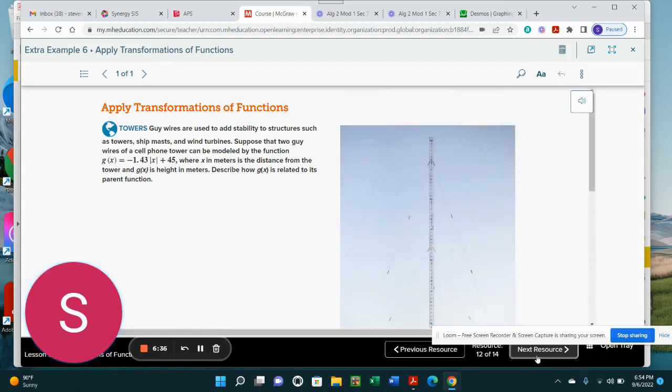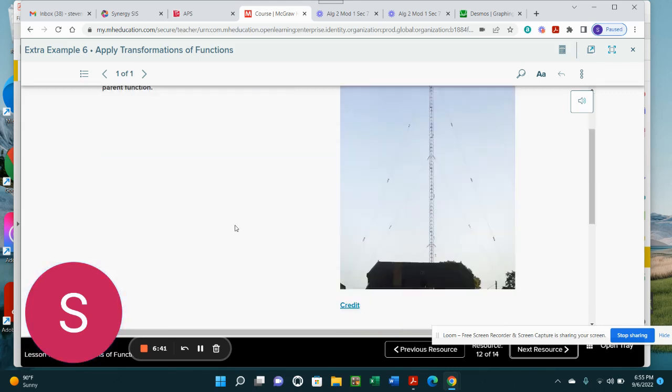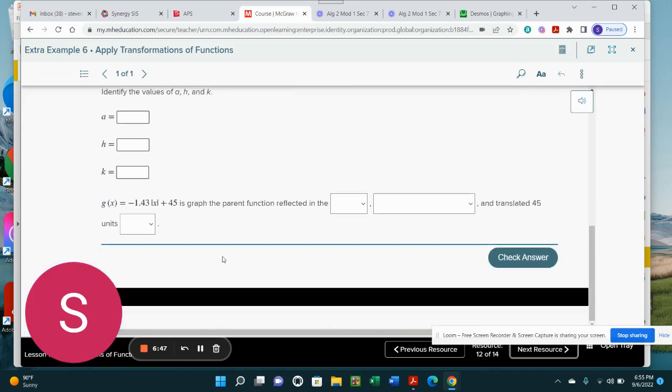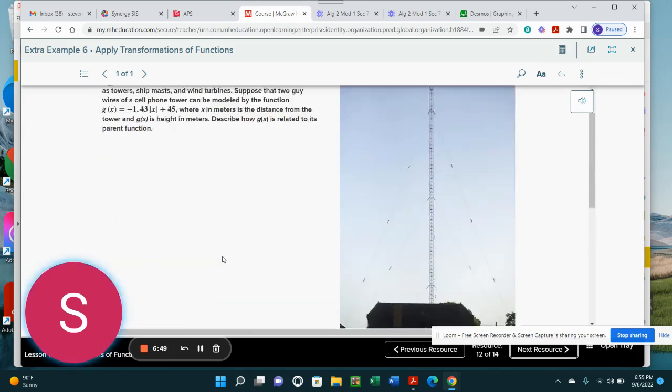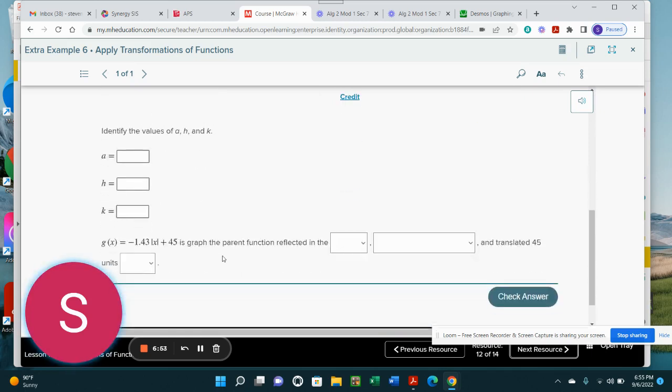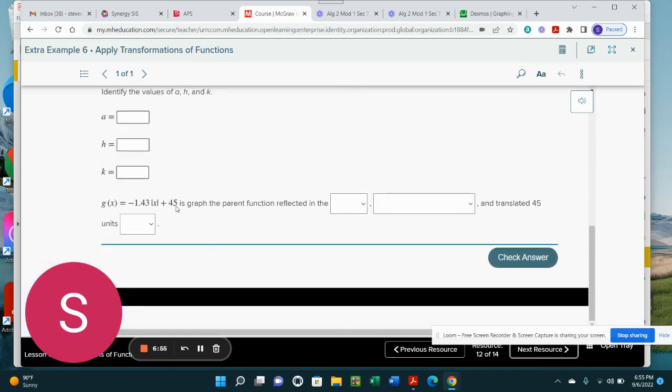This one here, we can see what the function looks like. We can see all this information. It's an absolute value function. So normally an absolute value function is going to go up. We're not going to identify any of those values. We just want to see what's happening on the graph. And I guess this one doesn't do a graph, so I'm not going to worry about it. But I can get a general idea of what's happening. So notice here it goes up 45.